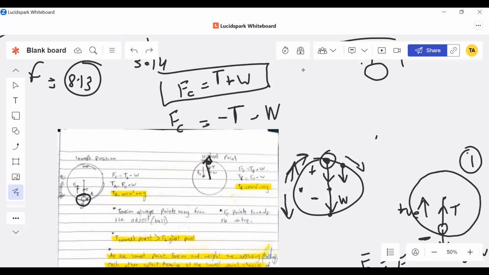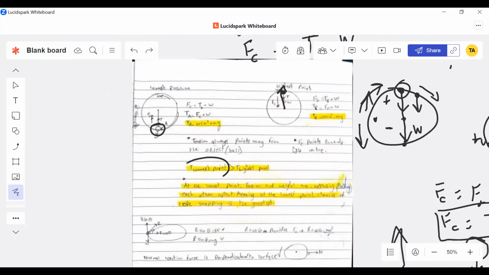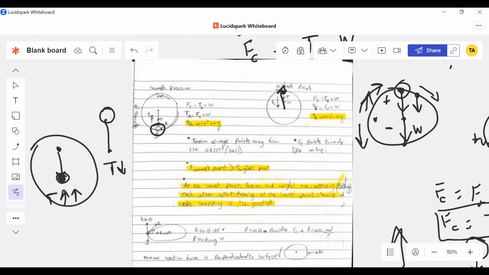Now, one thing that I want to make clear is that tension is always more in the downward direction. If the object is attached to a string and it's at the bottom, at the lowest point, the tension would be much greater compared to when the ball is upward.